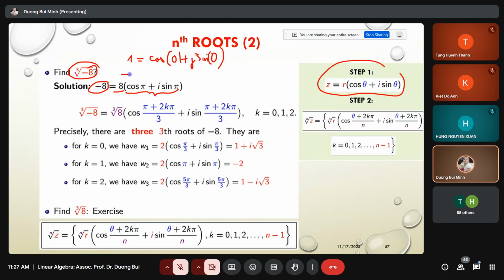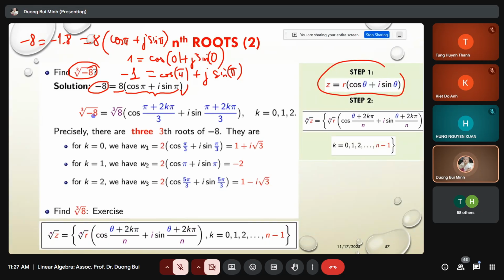So if we have minus 1, it is cosine pi plus j sine pi. Cosine pi is minus 1, sine pi is 0. So now we get minus 8, that means minus 1 times 8, and minus 1 is cosine pi plus j sine pi. Very easy.